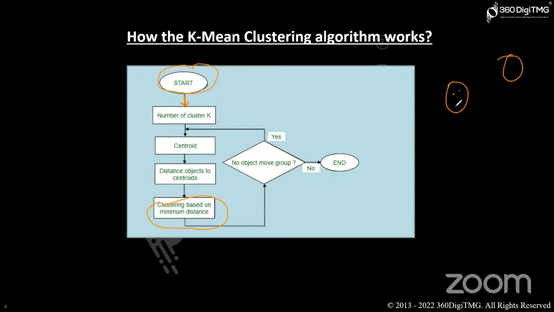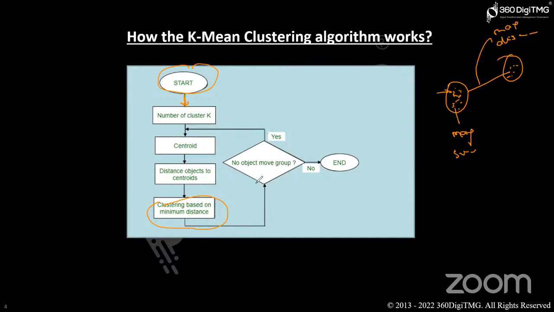Within the cluster, you have maximum similarity. Between the clusters, you have maximum dissimilarity. Clustering based on the minimum distance means the distance between these data points is minimum. That is why they are in one cluster. And in this way, you perform your k-means clustering.